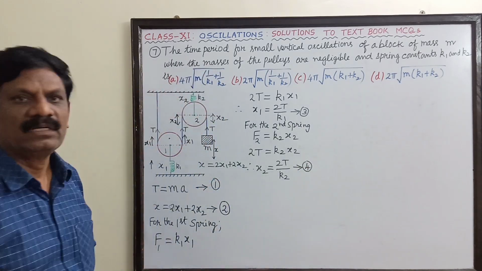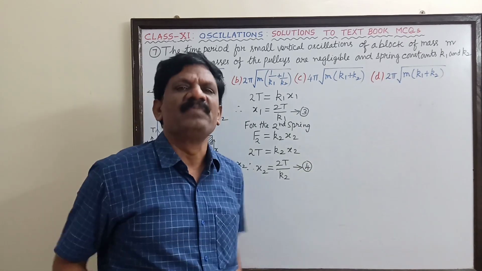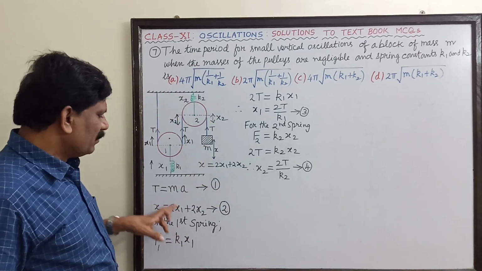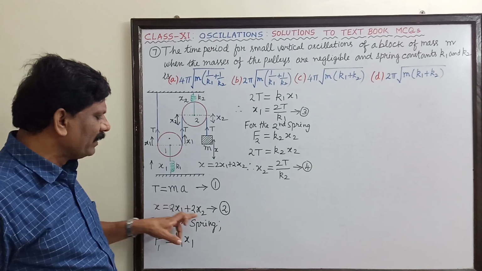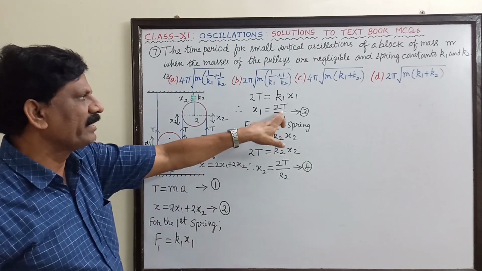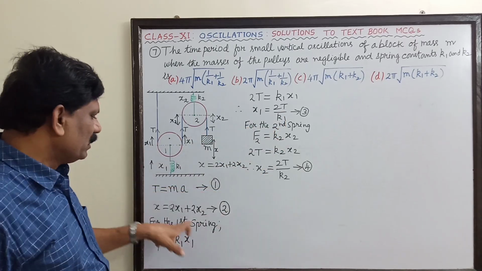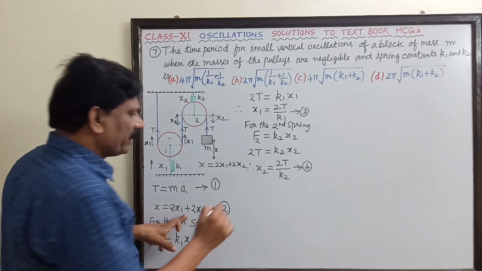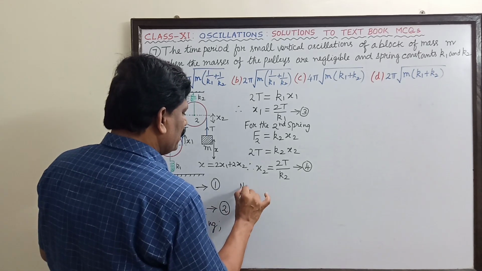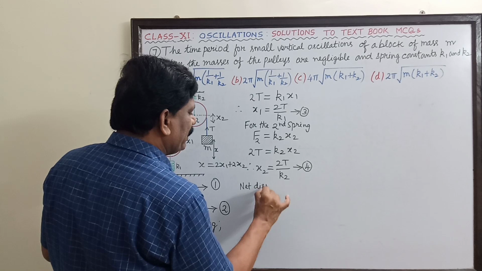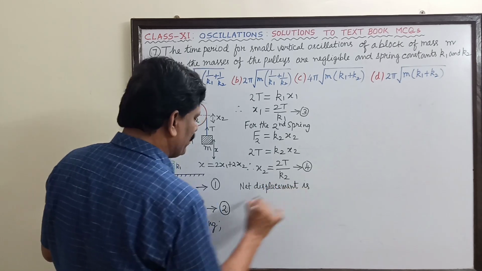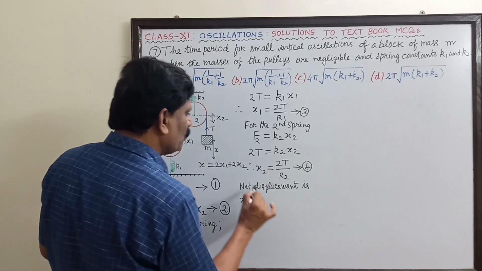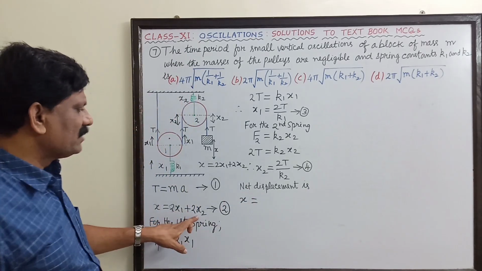Now what is the net displacement of the load? The mass m is displaced through x. So x is equal to 2x1 plus 2x2. I am going to substitute for x1 and x2 in equation 2. So the net displacement of the mass m is given by x is equal to 2x1 plus 2x2.